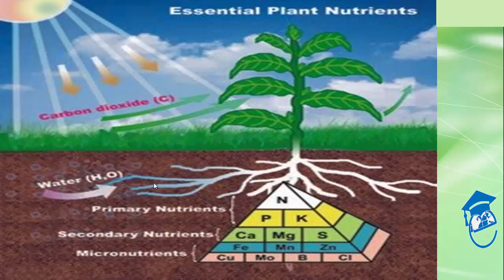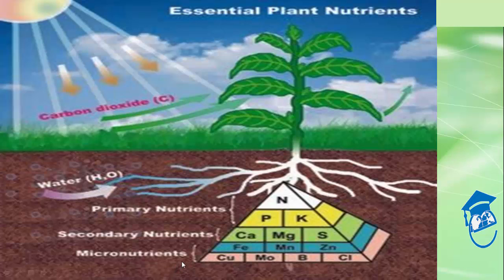That we will study in detail, but for the time being just know that these are the primary nutrients: N, P and K, that is nitrogen, phosphorus and potassium. Secondary nutrients are Ca, Mg and S, that is sulphur.